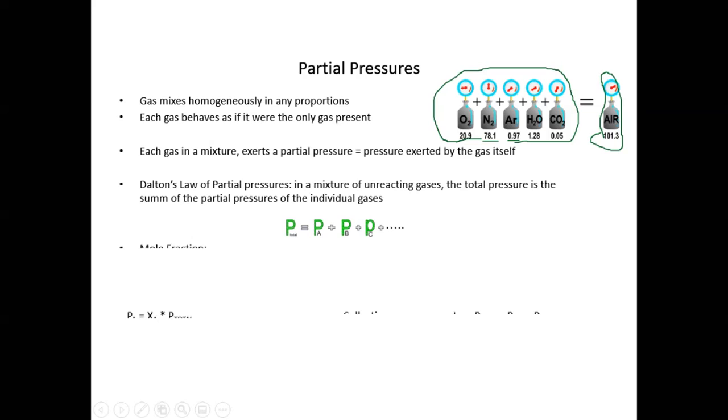Now, another thing we can gather from this is something called mole fraction. Mole fraction is simply taking the moles of one of your components in the mixture and dividing it by the total moles of the mixture. And so mole fractions should always be less than 1.